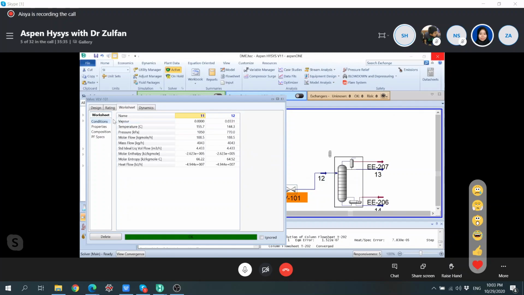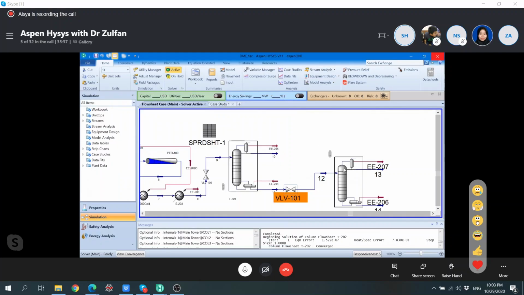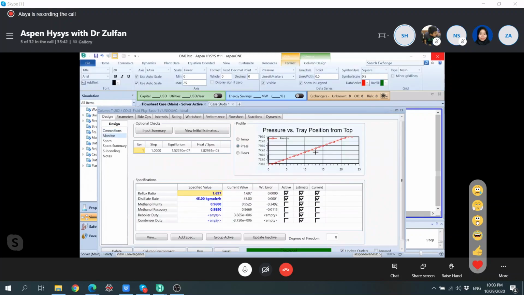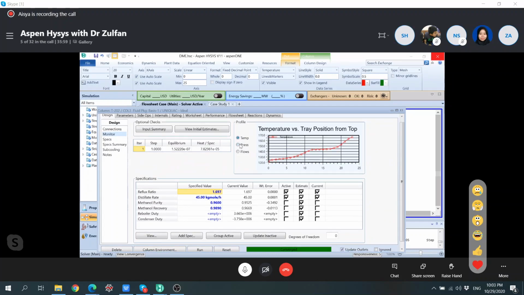770? No, it's also fine. So now you are entering at 750, and then you are coming at 770. The correct way is to have it at the same pressure, but at least it has to be the same pressure.